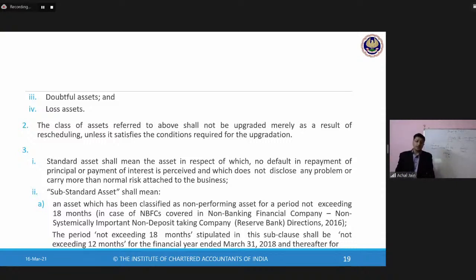Non-systemically important non-deposit taking. That is how we term these NBFCs. And this criteria will be of 12 months for systemically important non-deposit taking and the deposit taking. Okay. Clear?